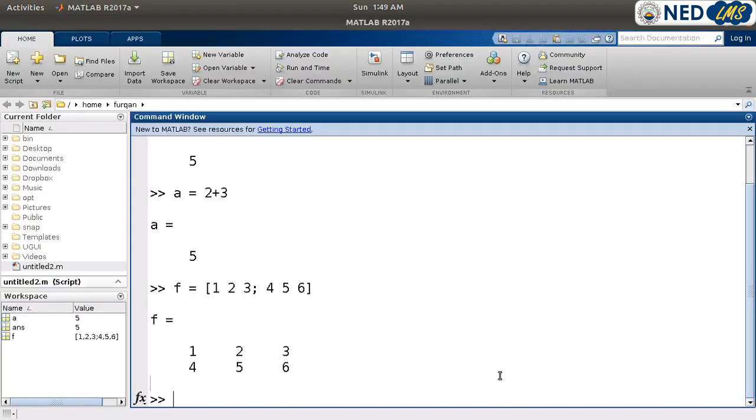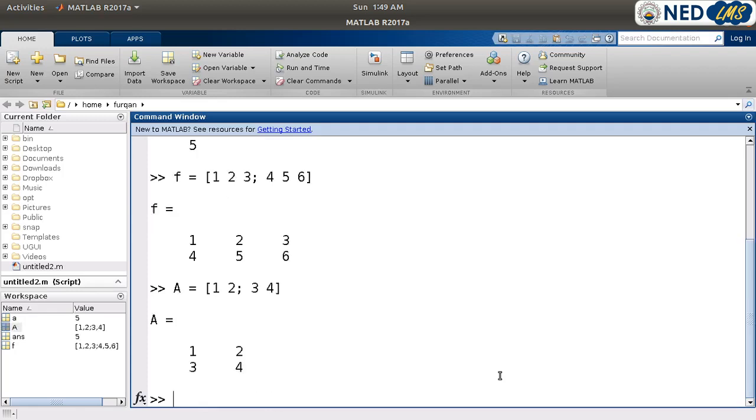For example, we have a 2 by 2 matrix A = [1 2; 3 4]. If I write A * A, it will multiply the matrix A with the same matrix A and evaluate the answer like this.